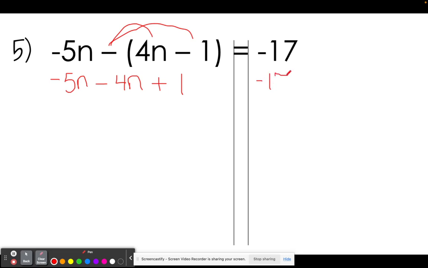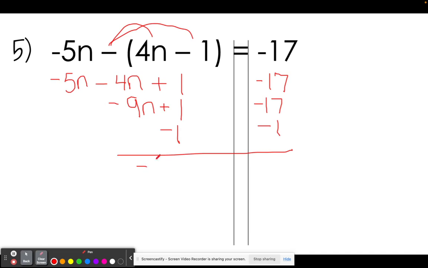I have some like terms to combine. Negative 5 and negative 4 is a negative 9n plus 1 equals negative 17. I'm thinking I'm liking this one too. I think we're getting a nice answer. Subtract 1 from both sides. No icky fractions this time again.